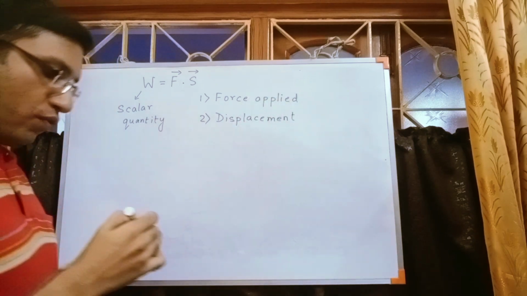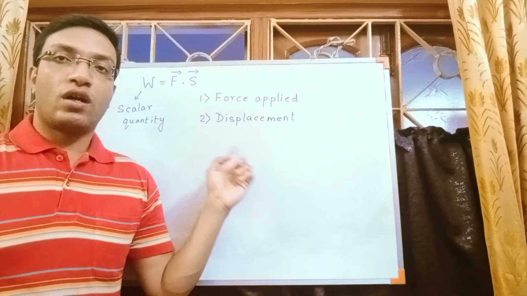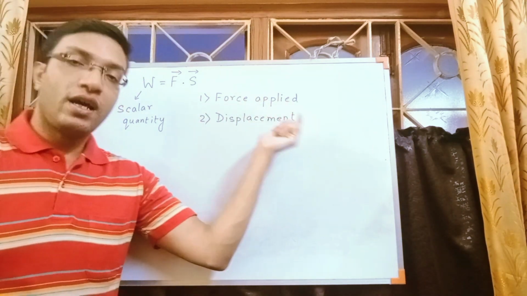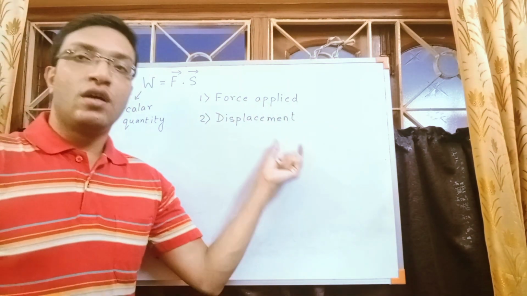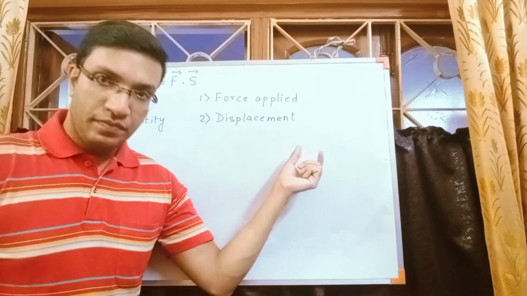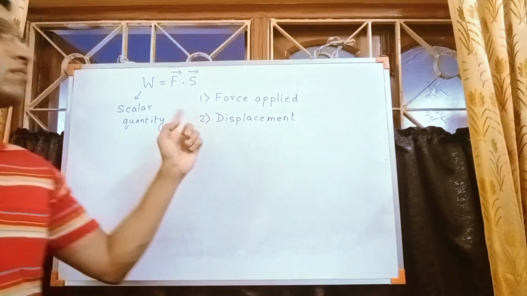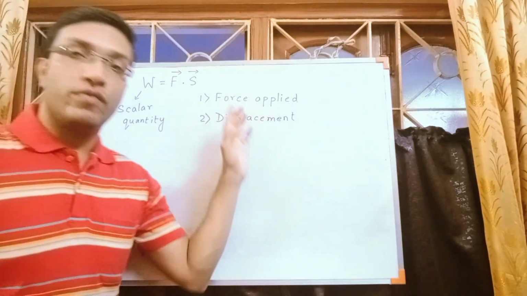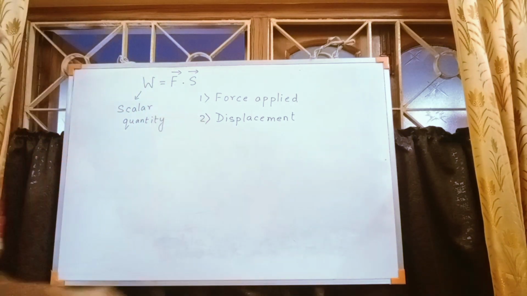So these are the two factors on which work done depends. How much force we have applied on the body, and due to the application of the force, by what distance the body has been displaced in the direction of the force. These are the two factors which affect work done.